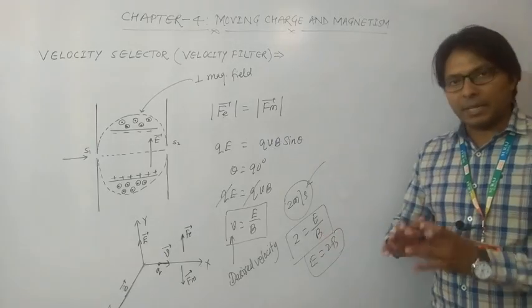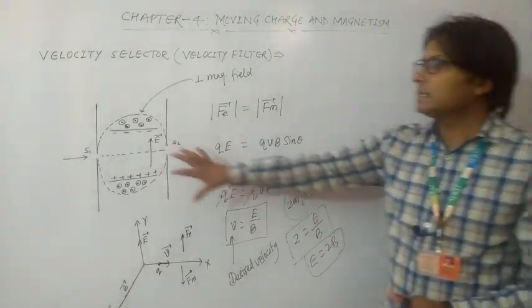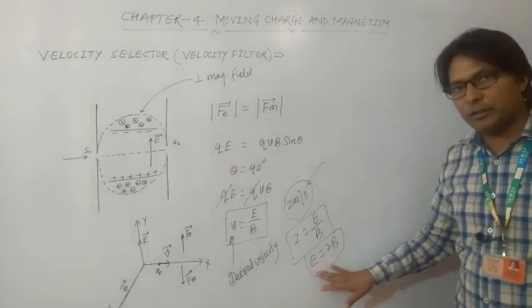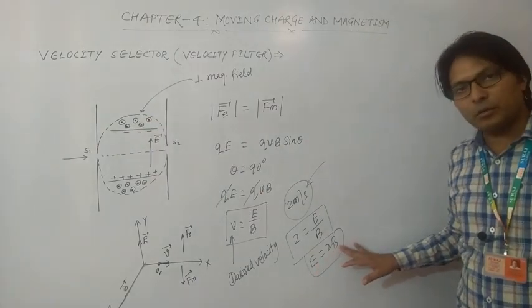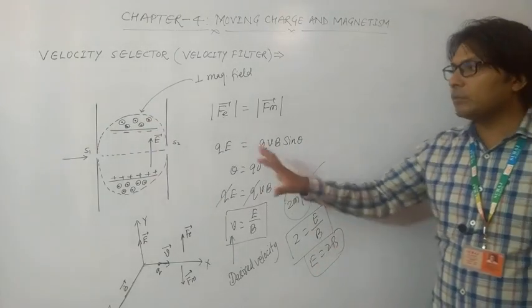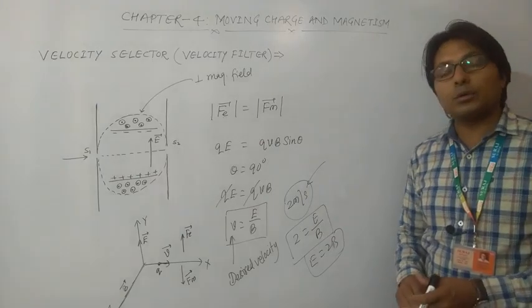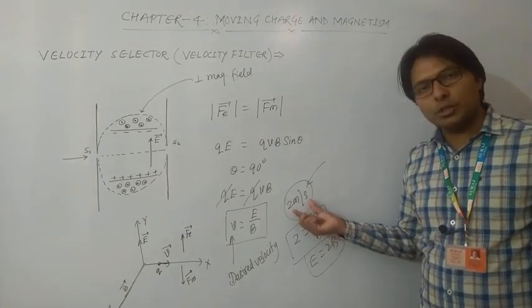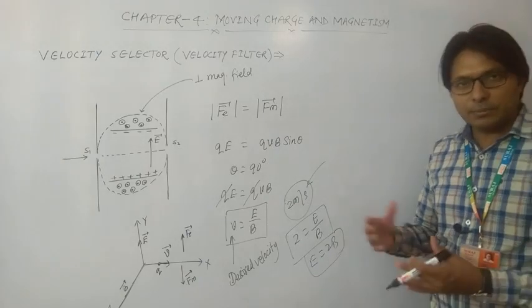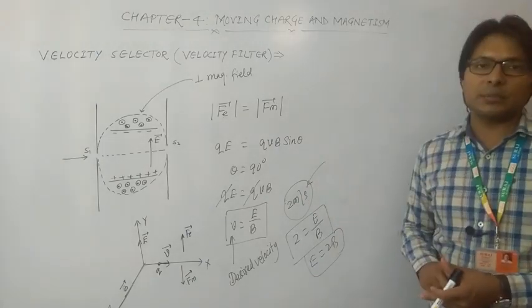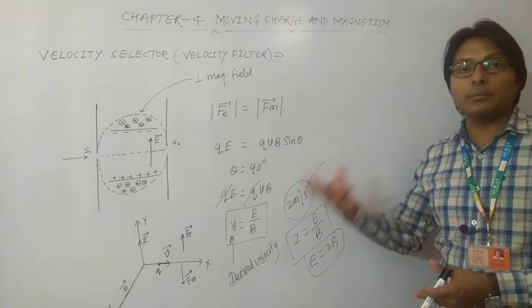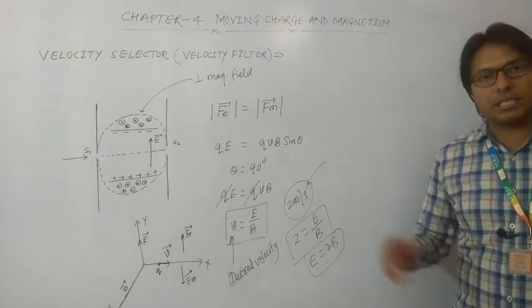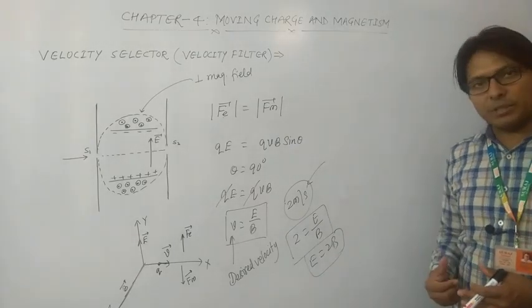If you have designed this device such that the value of the electric field is just double the value of the magnetic field, then it will act to select the charged particle which is moving with velocity 2 meters per second. Suppose some person wants to select a charged particle moving with 100 meters per second velocity out of many charged particles. So what should be the condition?